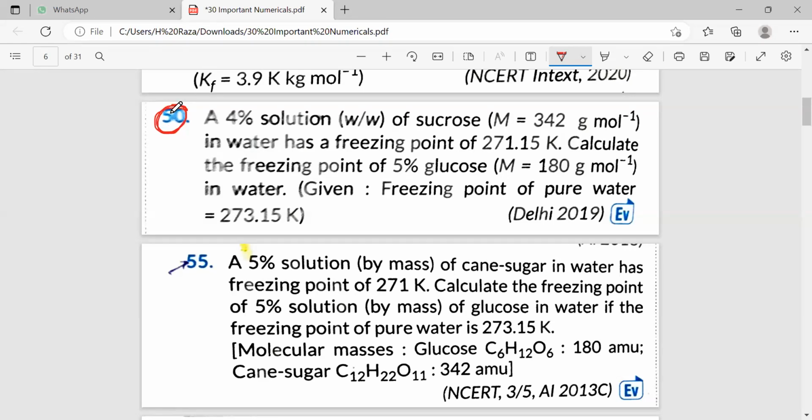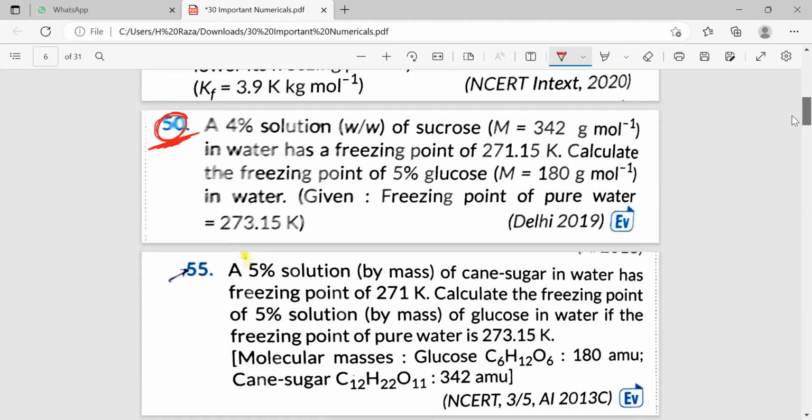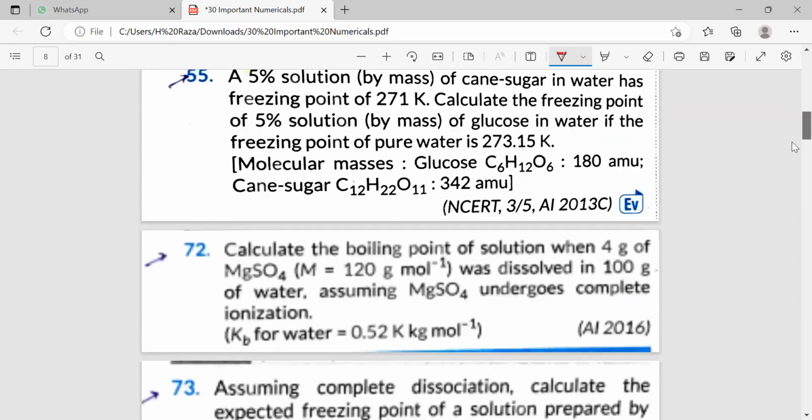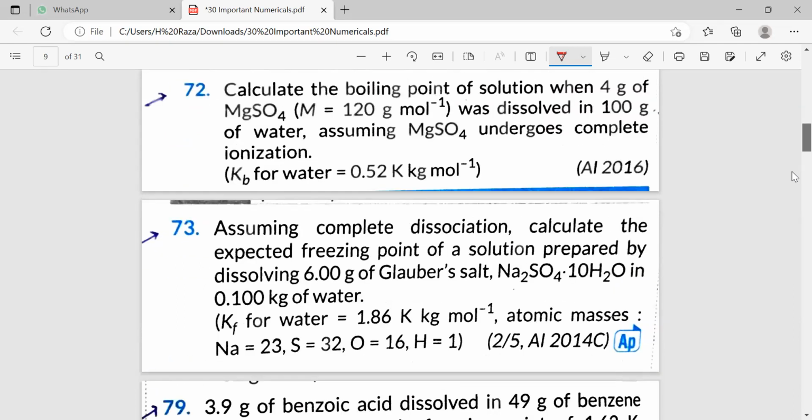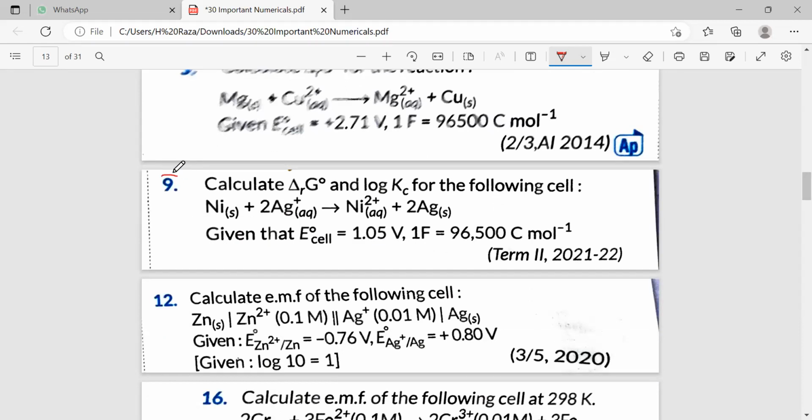The one which I am rounding is only what you need to do. Question number 50. Just take the screenshot. Can I change the slide? Yes, sir. Three questions. Question number 9 and question number 12.